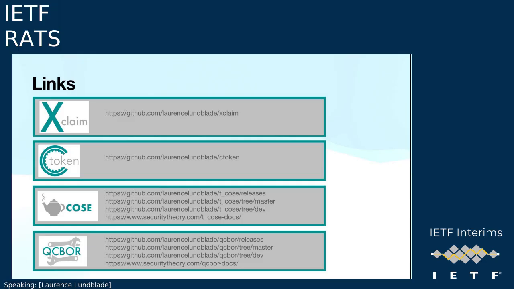The dev tree is where the V2 implementations are. Also, the Doxygen format documents are published at a website there, so you don't have to read the headers. You can just read it from a website if that's easier for you. And then CToken and Xclaim are not formally released yet, so just V2.